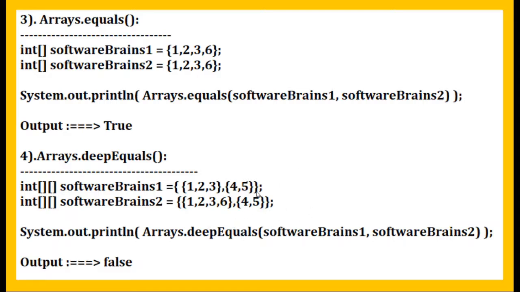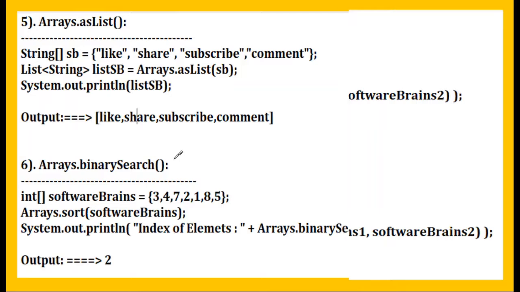We can clearly see that the elements are not equal. So when we print the result, Arrays.deepEquals of softwareBrains1 comma softwareBrains2, the answer would be false. It's so simple. You just need to understand how you are going to use these methods by importing the package, and you need to remember all these methods so that you can easily use them.